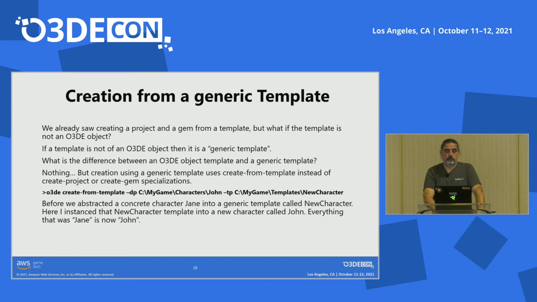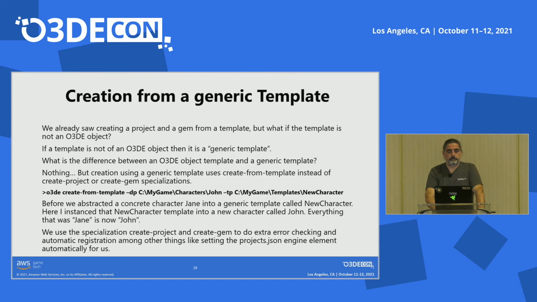So now I have a new character, and wherever Jane was present in the old character, it got swapped out for John. As I said, the specializations do things for us, such as setting an engine's name upon creation, or if it's a project, or if it's a gem, you can even set the project.